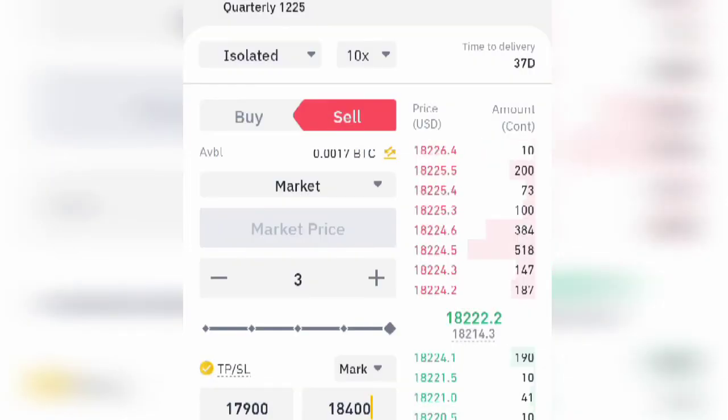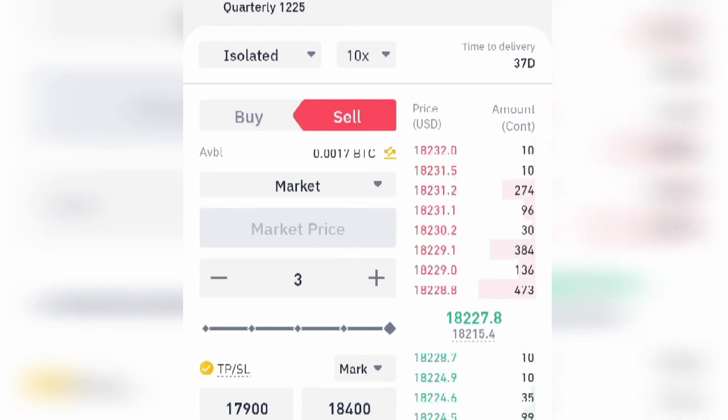So, like I said earlier, you're predicting that Bitcoin will drop, so you use sell short. You're short, it means you're shorting it. Then you use either limit or market. In this case, I'm using market.